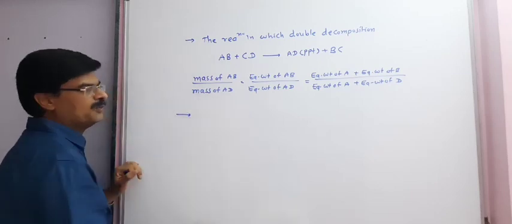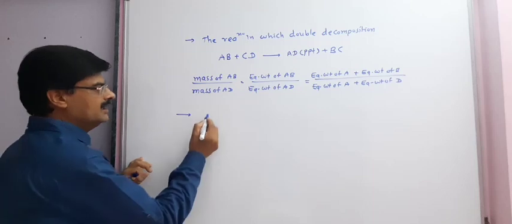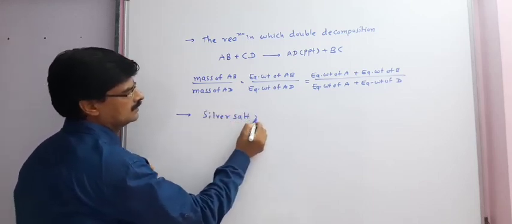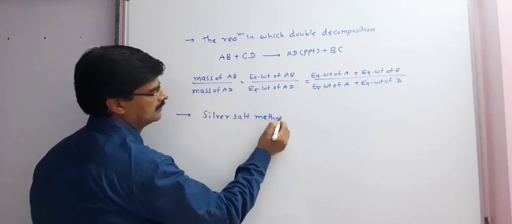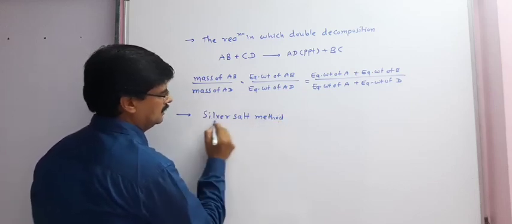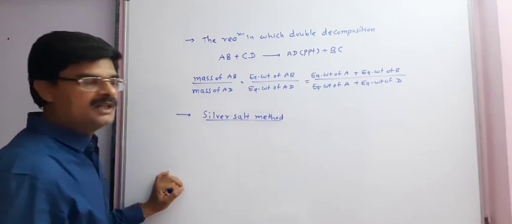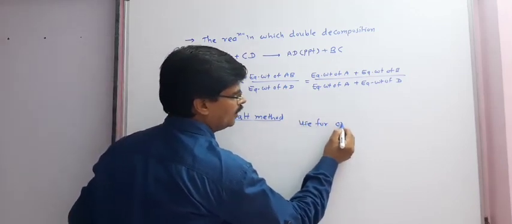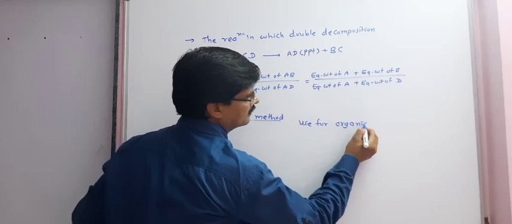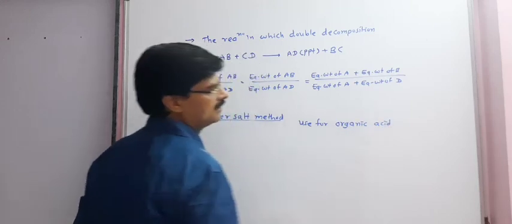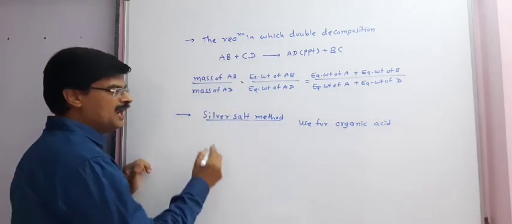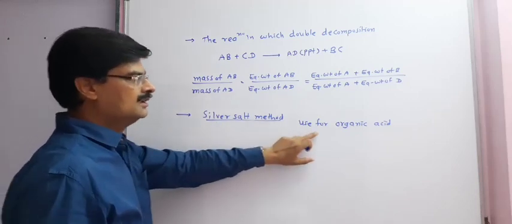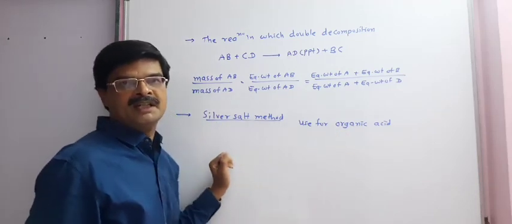Another method to find out equivalent weight is the silver salt method. This method is particularly used for organic acids, in which by using this simple formula we can find out the equivalent mass of organic acid.